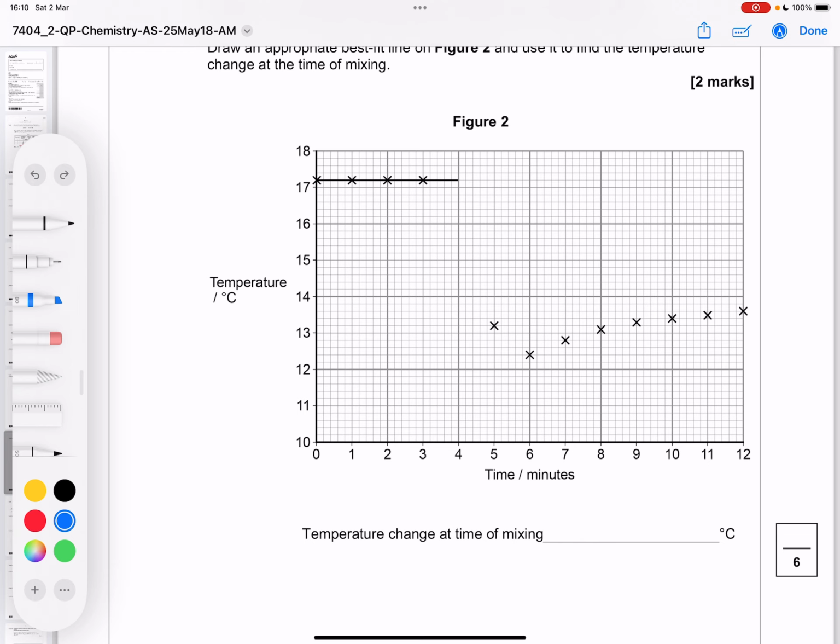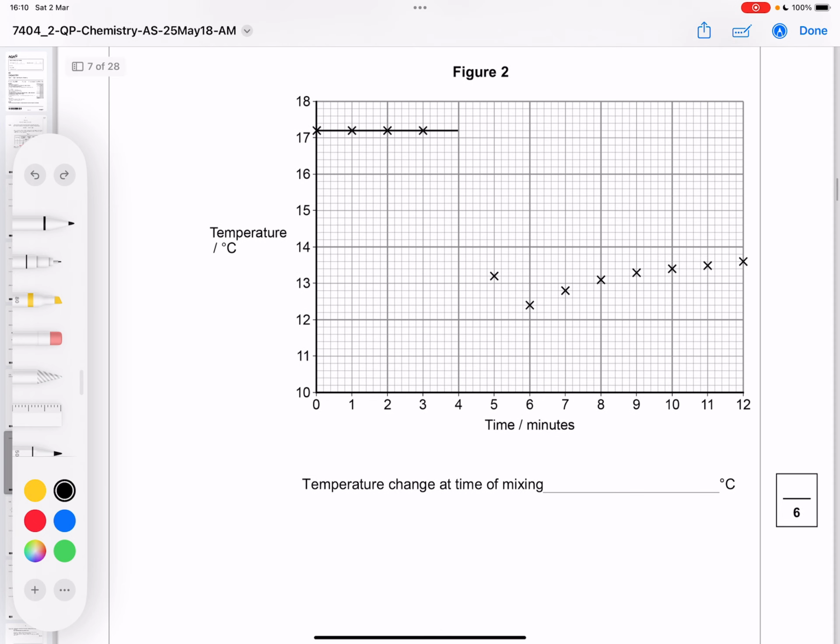Then we're going to look at all these other points, and we can see that they're not in a straight line, and they do look like they're in a curve. So our line of best fit is actually going to be a curve, and so you'll need to take your paper and you will need to curve through, but we do need to extrapolate that line to the 4th minute. So we need to think, how would this curve end up if we keep going?